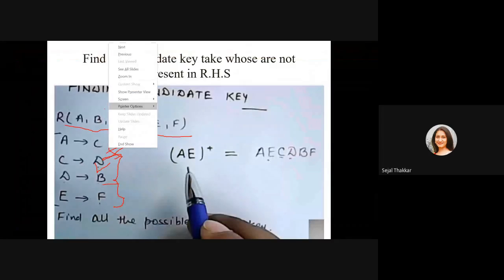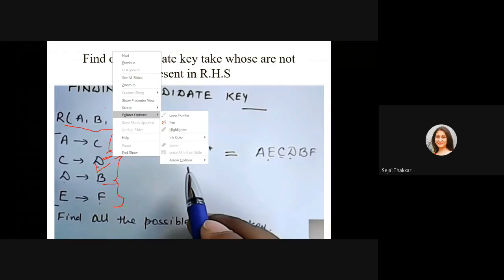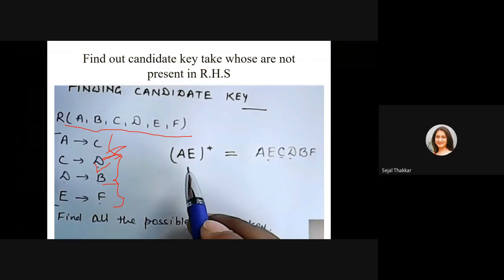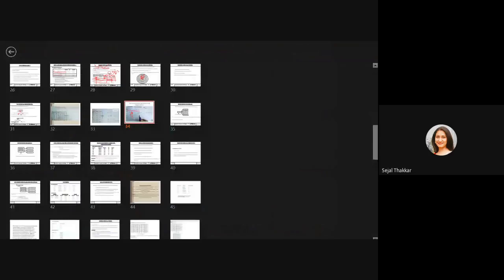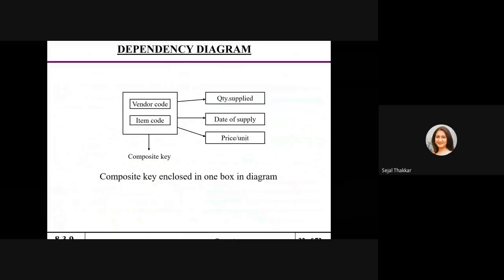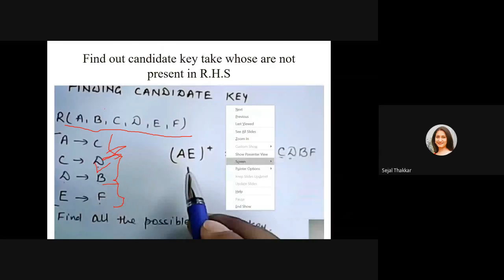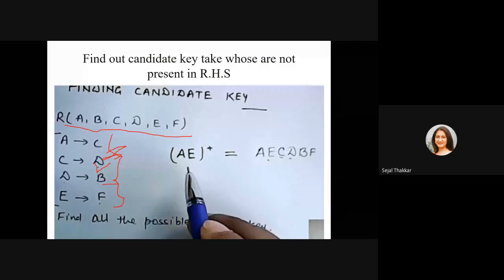Okay, for finding out the candidate key, what you have to do is first find out the values which are absent in the right hand side.